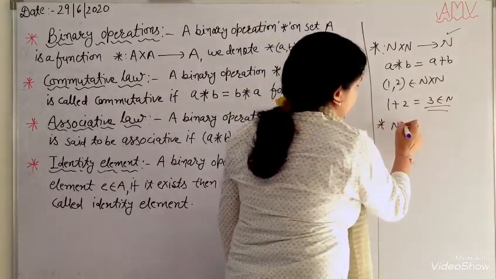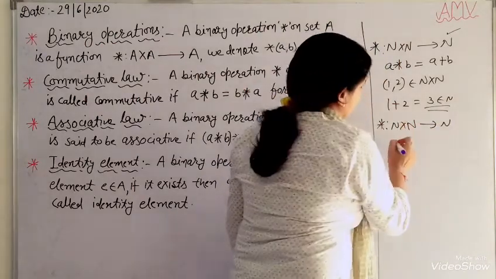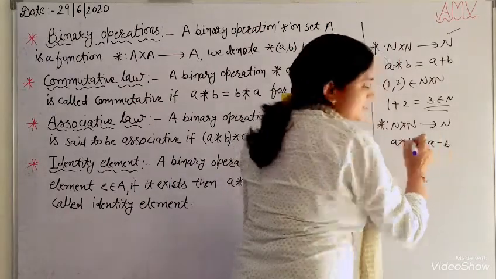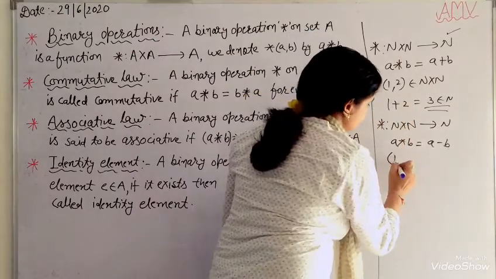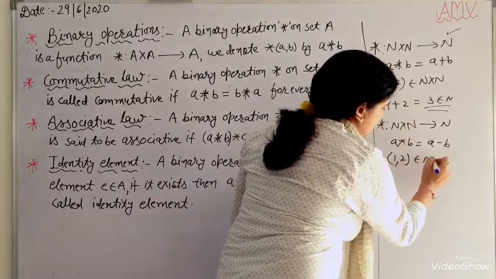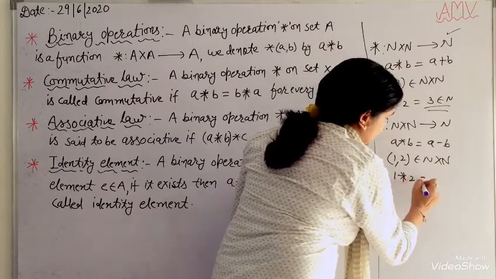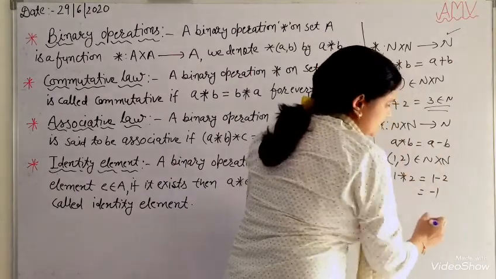Same, I am taking the same N cross N, and the function is defined from N, and here a star b is equal to a minus b. I am taking the same element, (1, 2) belongs to N cross N. Now 1 star 2 is 1 minus 2, which is minus 1.